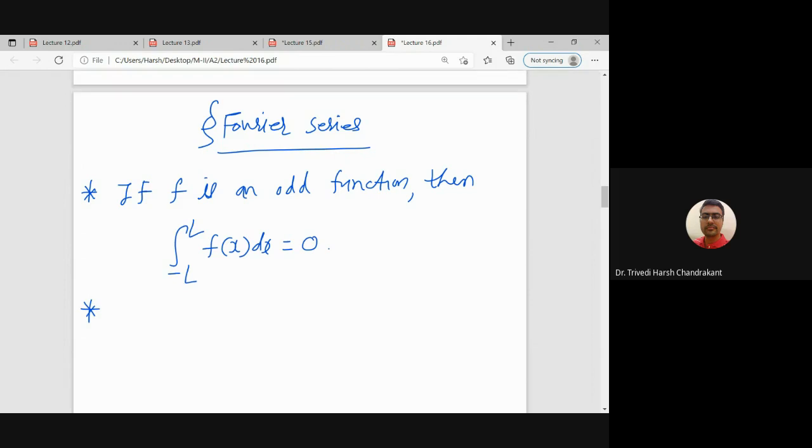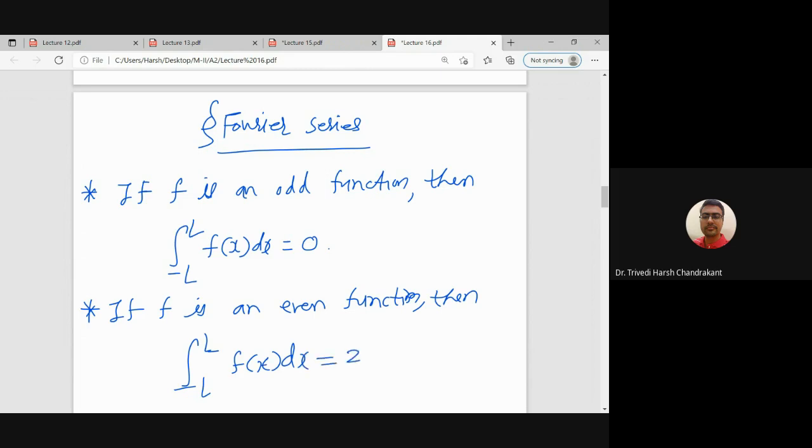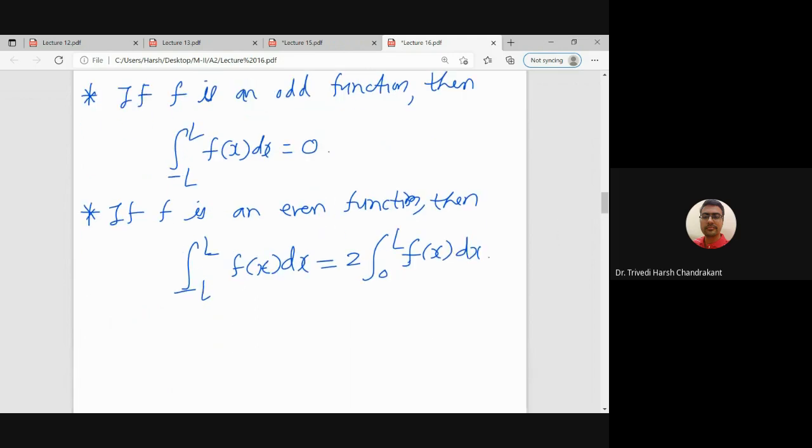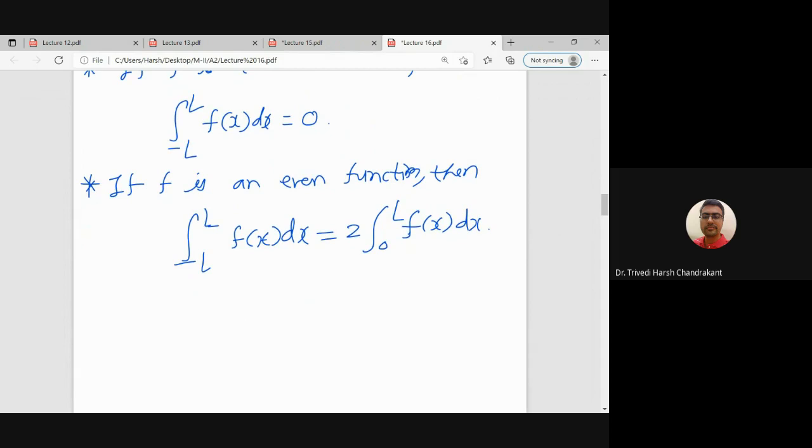An example is the sin x function. Similarly, if f is an even function, then the integral will be twice the integral over the half interval. So what is L? L is some number, right?